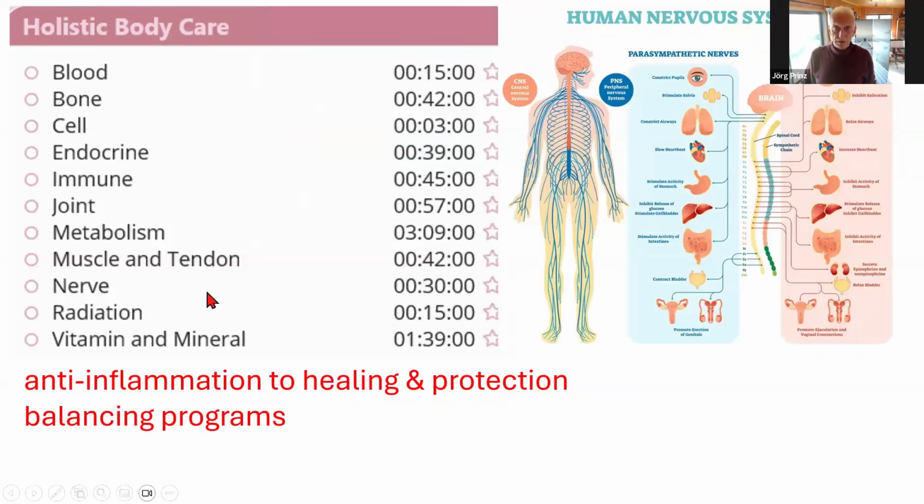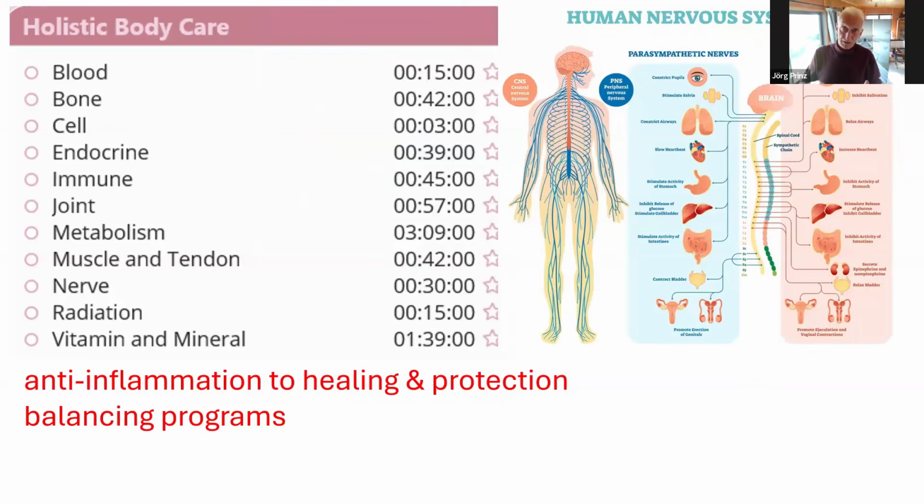The nerve program, yes, it's about nerves. It's not only the brain and the peripheral nerves, but it refers mainly to parasympathetic and sympathetic nerves there. So you want to have a good balance there. Sympathetic nerves are active during the day. They do the fight and flight, which we are dealing with on a daily basis.